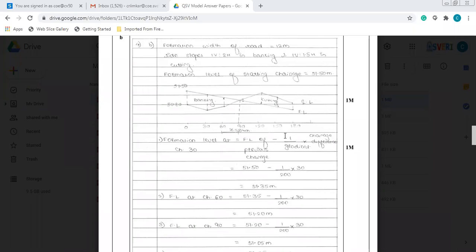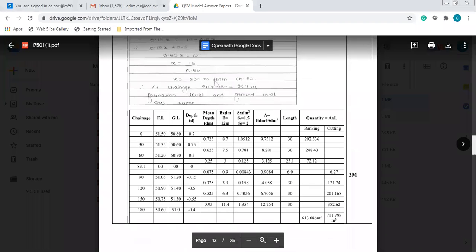Find out the quantity of earthwork using the mid-sectional area method. And the table is given for this particular problem.